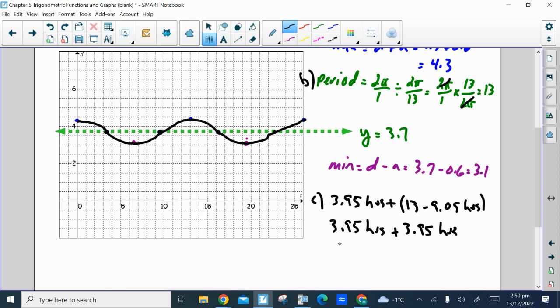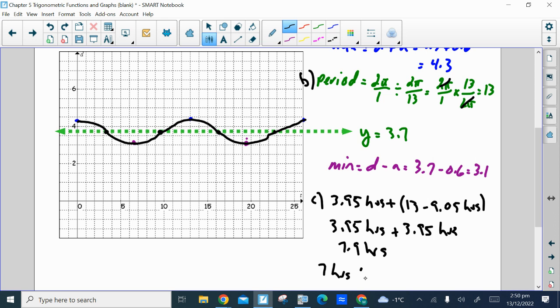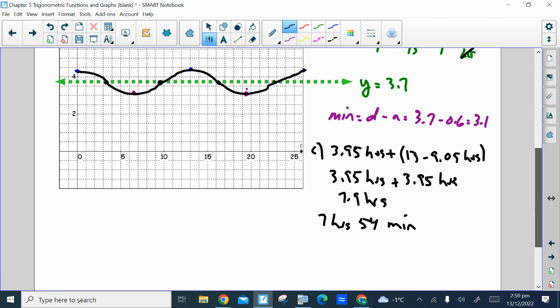So 7.9 hours, or 7 hours and 0.9 of an hour. So 0.9 times 60 minutes is 54. So 7 hours, 54 minutes is how long per cycle that boat has to safely go into the harbor.